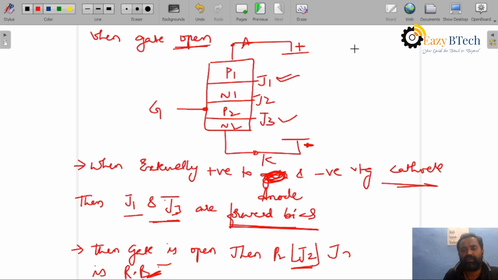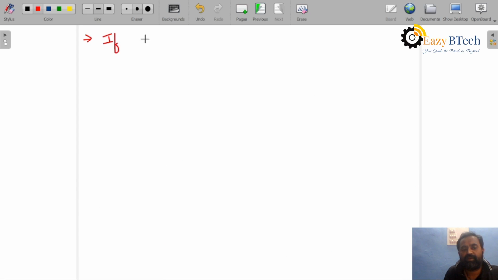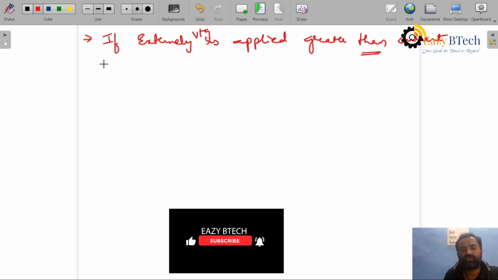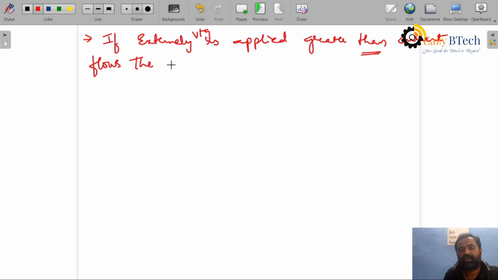Suppose a larger external voltage is applied, then current flows through the SCR.